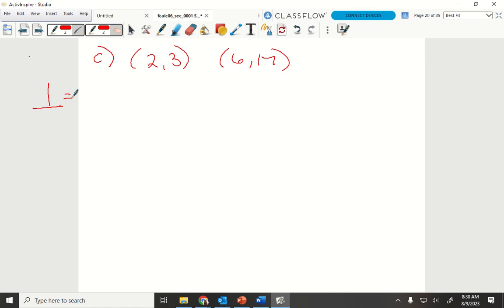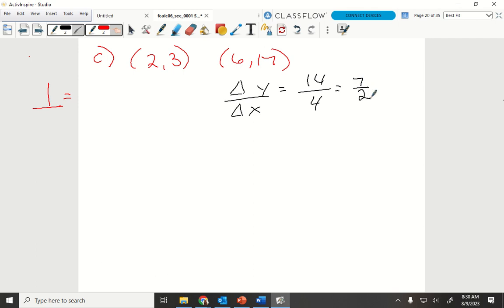So let's see. My delta y is going to be 14 over delta x 4, which will reduce to 7 over 2.